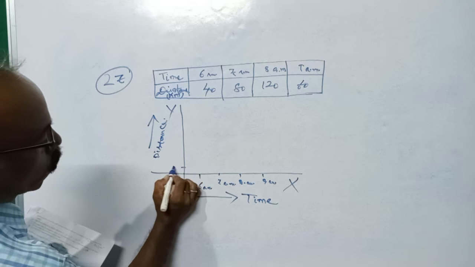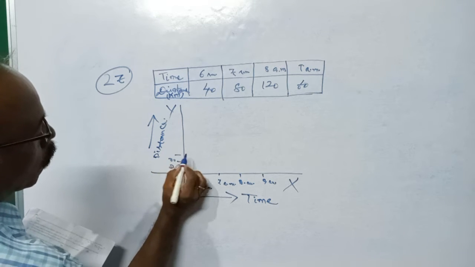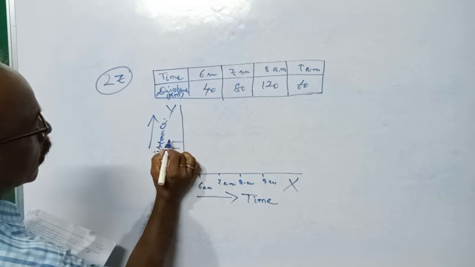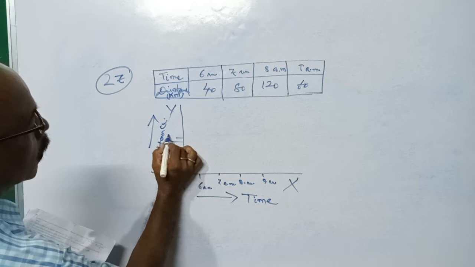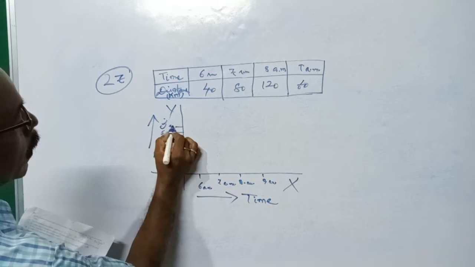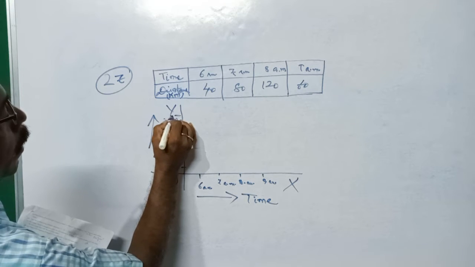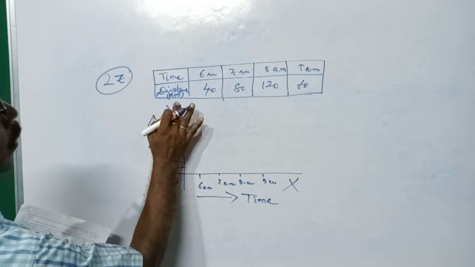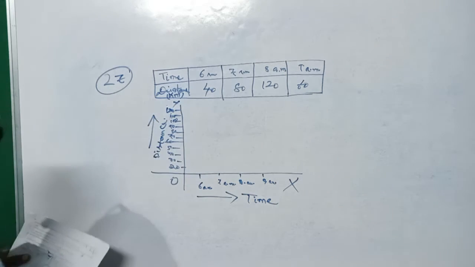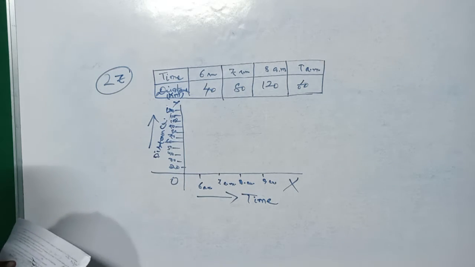Say this is 20 km, 30 km, 40 km, 50, 60, 70, 80, 90, 100, 110, 120. Am I clear? This is km, the distance.